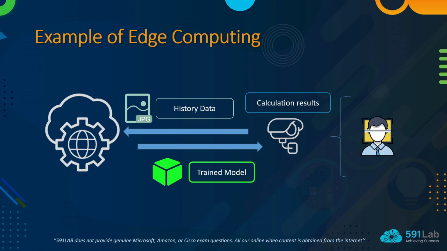So edge computing mixes both the data center and the camera to do data processing. The camera needs to process the JPG file and calculate the results, and then the Cloud Center will also process this JPG file and use it to update the model.